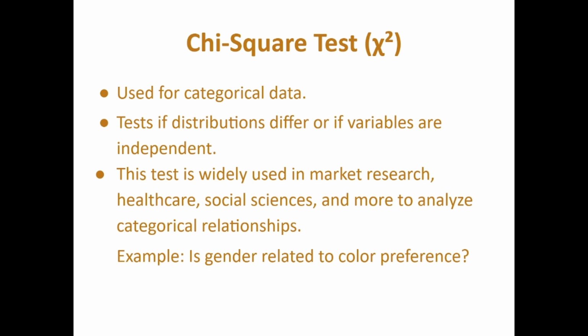Why it is used: as I just said, to compare the observed frequencies with expected frequencies under some assumption of independence or a certain distribution, this chi-square test is used. It is also used for feature selection while building any machine learning model, and to evaluate model performance.